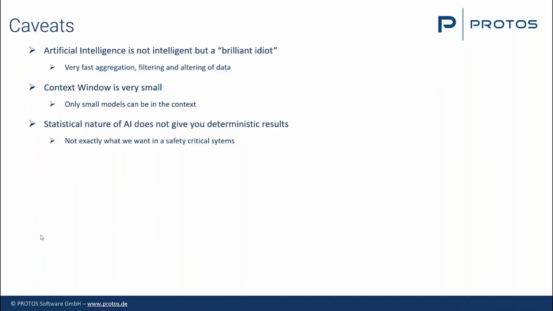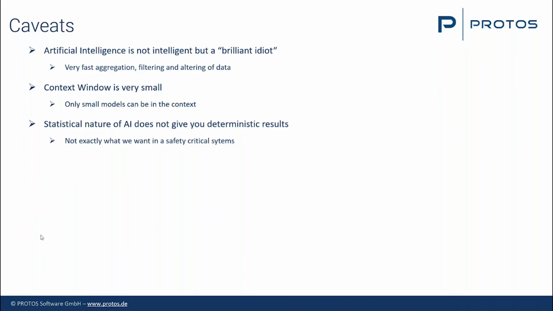Then another topic is the statistical nature of AI. It doesn't give you deterministic results. You always need to verify what it actually did. As well, if you do a prototype for something, you get away with it, but it usually does not do exactly what you expect, or what you would do as a human being.